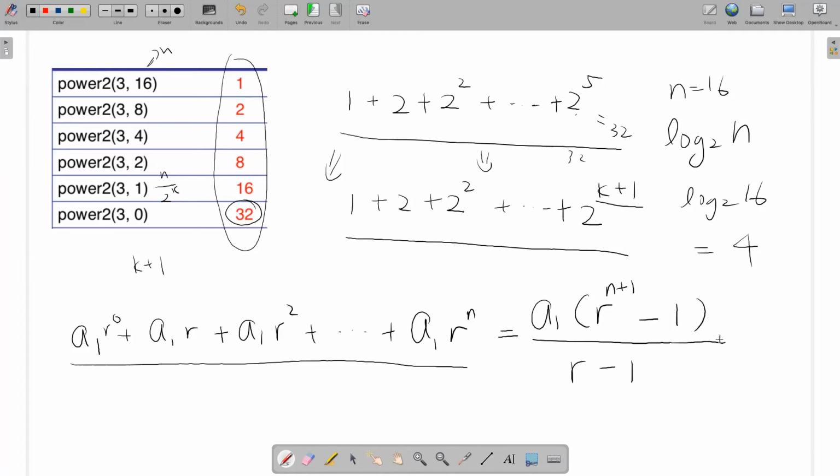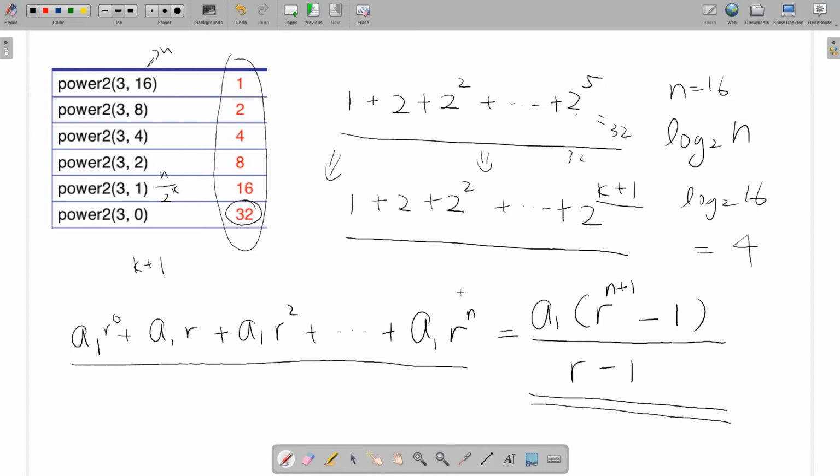right? If you want to confirm that this formula is correct, you can try it on this particular series over here. You have from 1 to 32. You can use an Excel spreadsheet to sum up everything, and then you can calculate your sum by using this formula. It should be exactly the same, right? So the key thing that you have to do is that this is the general formula.